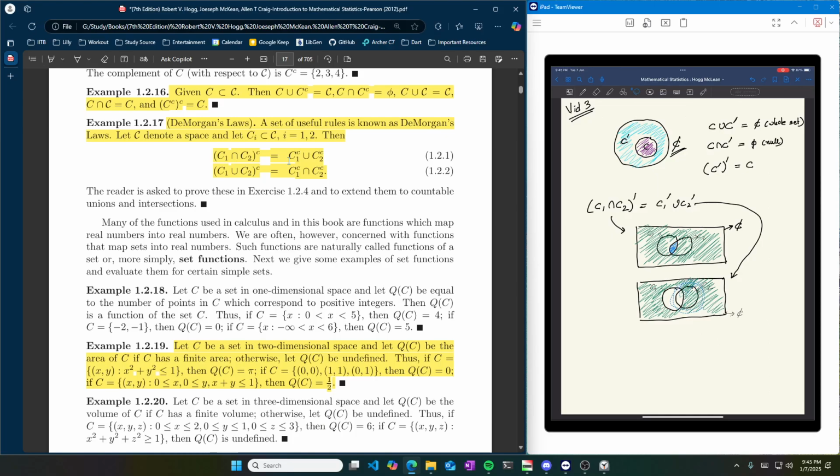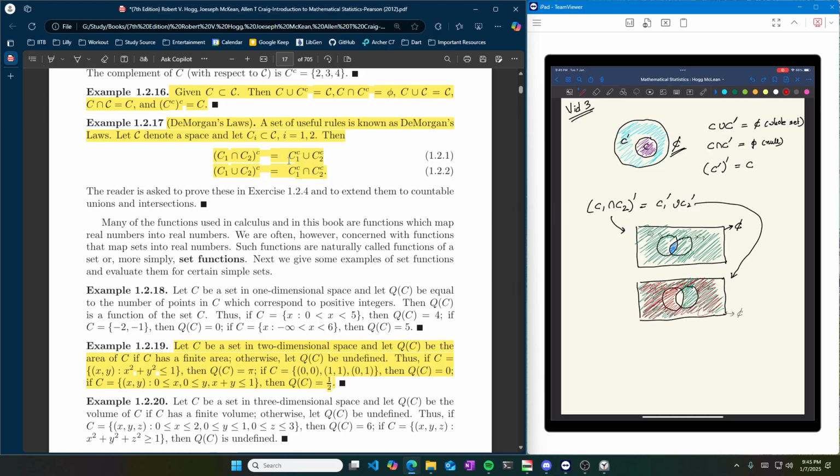So what you'll see is C2 complement would be something like everything outside of C2. Maybe I use a different color. So we take everything outside of C2.